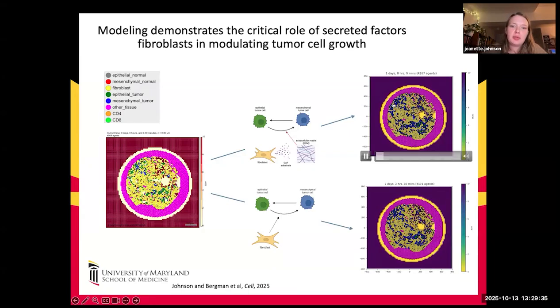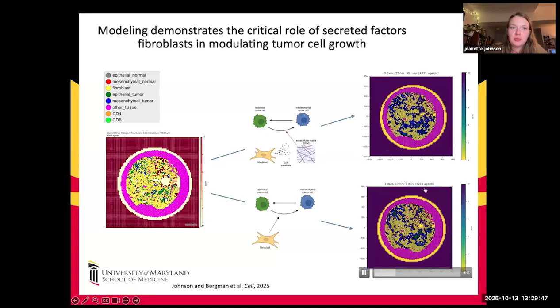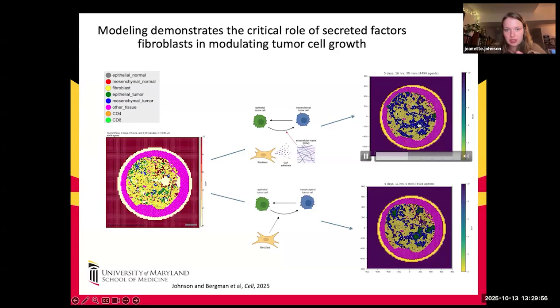And this top movie here is saying, what if we assume that the epithelial to mesenchymal transition is happening in response to the ECM substrate? So is ECM inducing and supporting this transition?